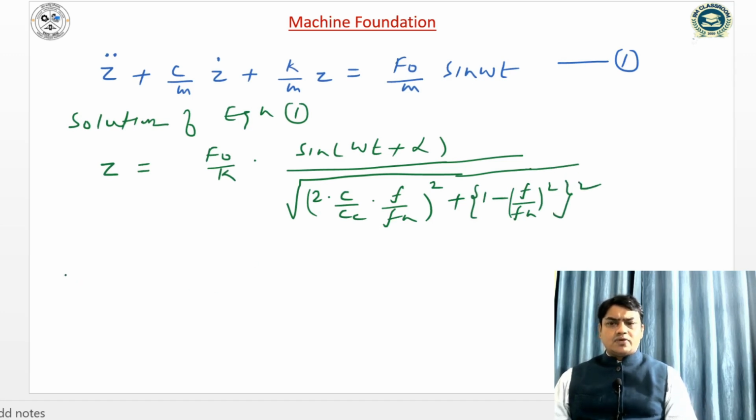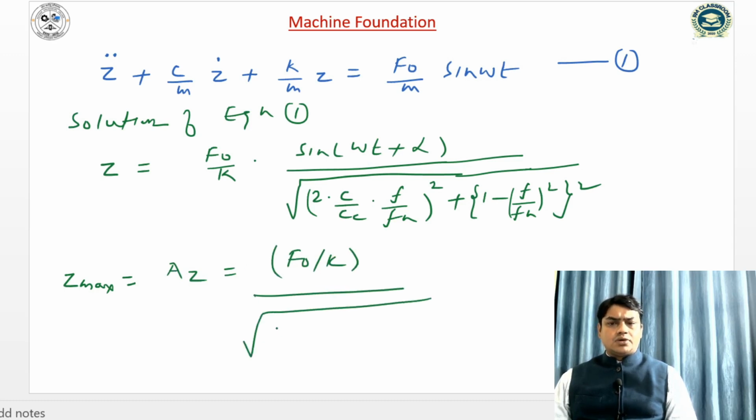So the maximum value of displacement can be written as z max is equal to az is equal to, the value of this maximum value is unity, so F naught by k divided by square root of 2 into c by cc into f by fn whole square plus 1 minus f by fn whole square.